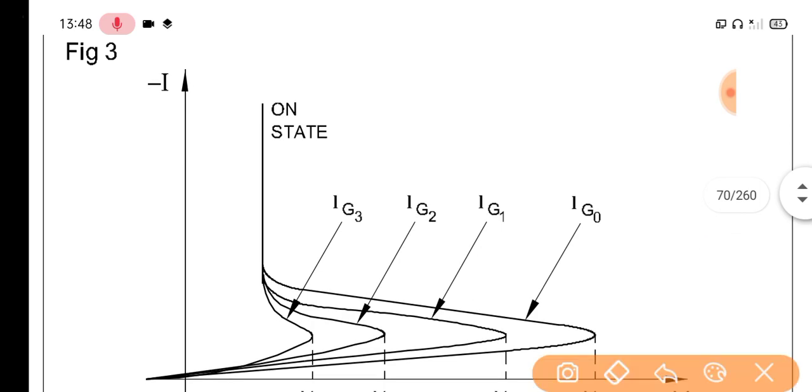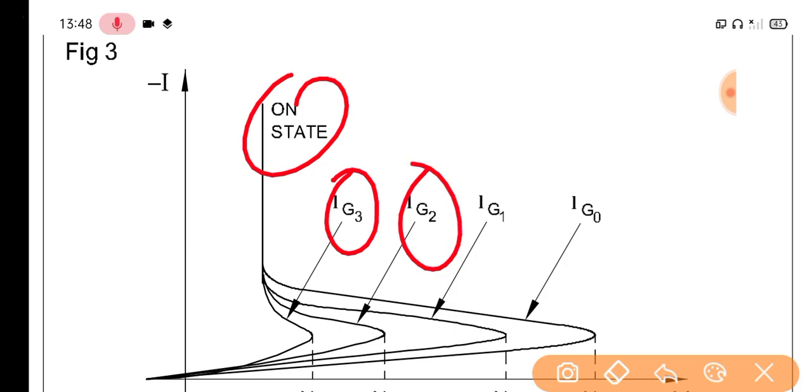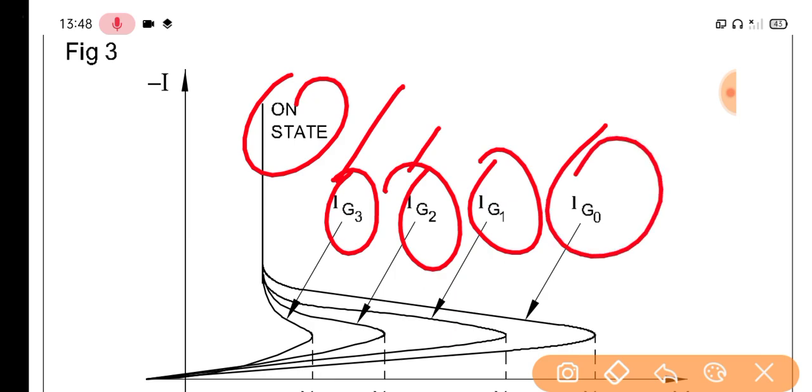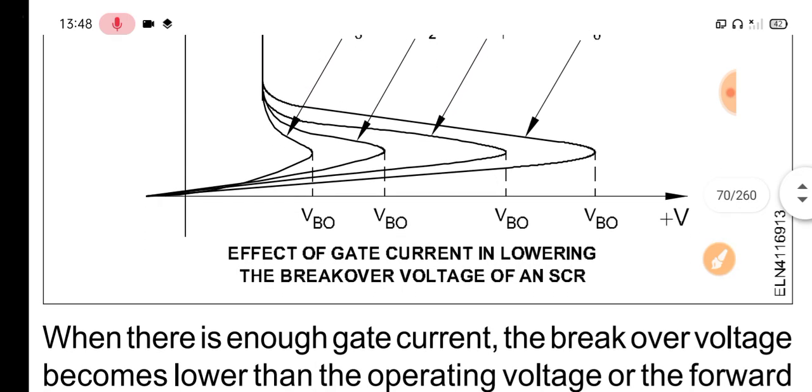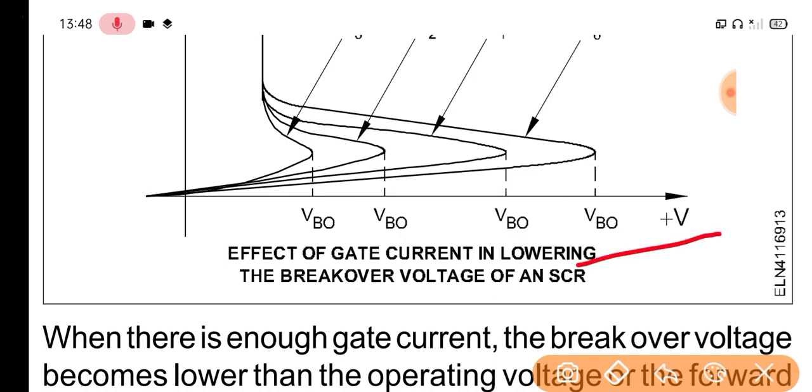This is the on state. G0 is current 0, G1 gate current, G2 gate current, G3 gate current, and the effect of gate current is lowering the breakover voltage of an SCR.